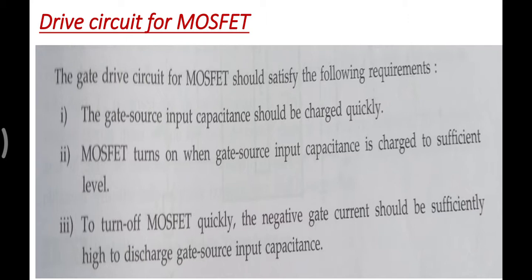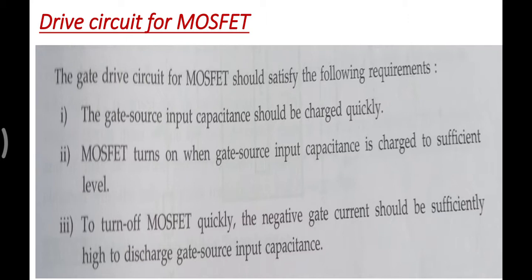If the gate capacitance is charged quickly, then the turn-on time of the MOSFET or IGBT is very short, and by this fast charging we can reduce the losses.